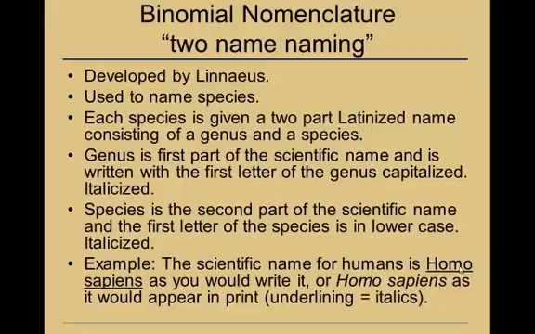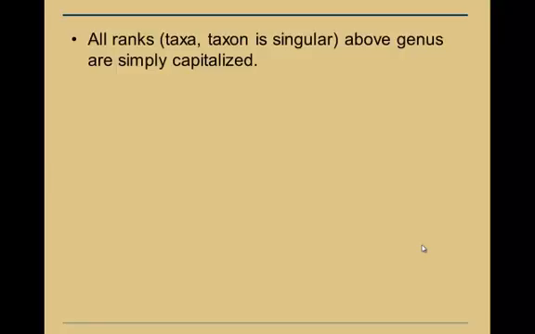You would write it underlined, and as it would appear in print, it's italicized. You need to know that this is what a scientific name is, a genus and species, appearing that way. Now, all of the other ranks or categories of taxonomy are also called taxa, singular taxon. All the other taxa above genus are simply capitalized.